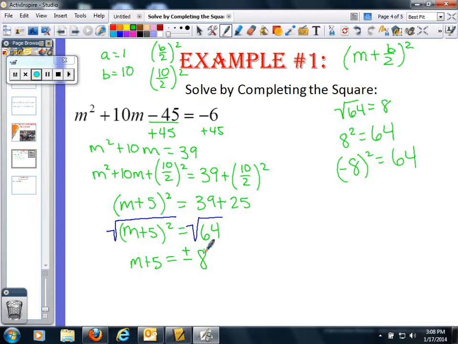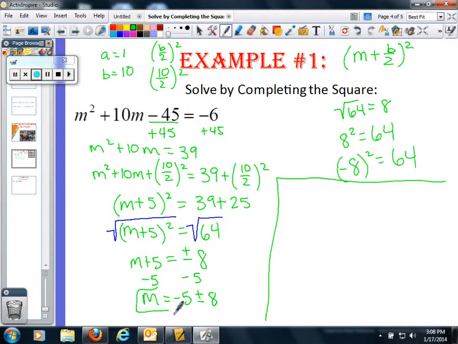Now the last thing I'm going to do is solve for m. So I'm going to subtract 5 from both sides, and I'm going to get m equals negative 5 plus or minus 8. Okay? So how do I read this here? Well, that's very simple.